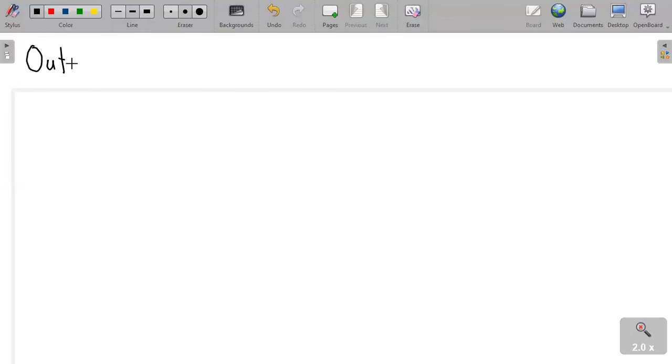Output devices. We're going to look at the output devices in electric circuits.